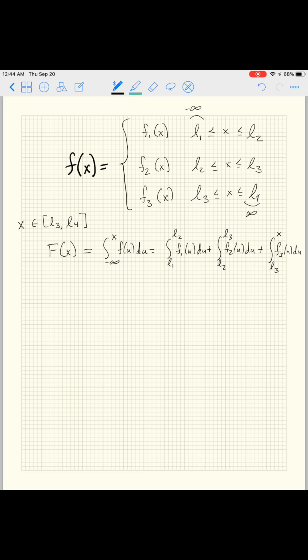And then you could do this part separately from this part, separately from this part.